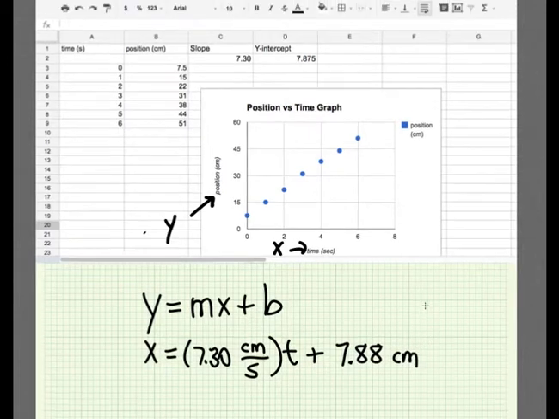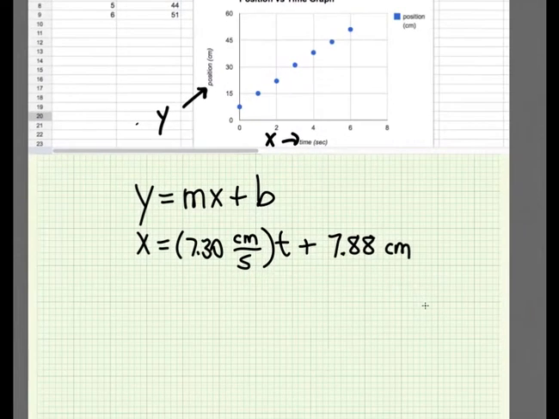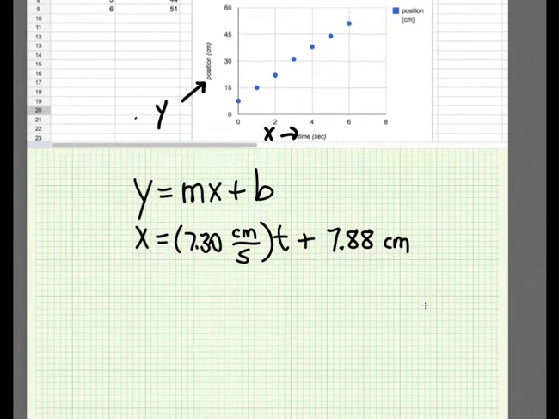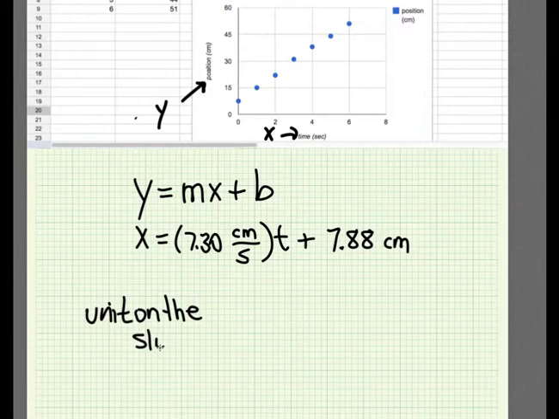So what you need to remember here, let's go ahead and write this out. The variable on the y-axis is what gets substituted in there. So that's simply a letter. The unit on the slope, let me write this out. So the unit on m, the unit on the slope of the line, is going to simply be the unit on the y-axis divided by the unit on the x-axis.